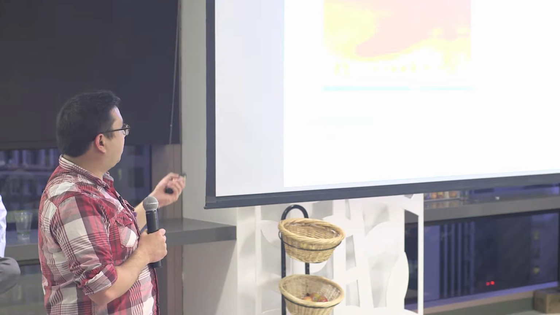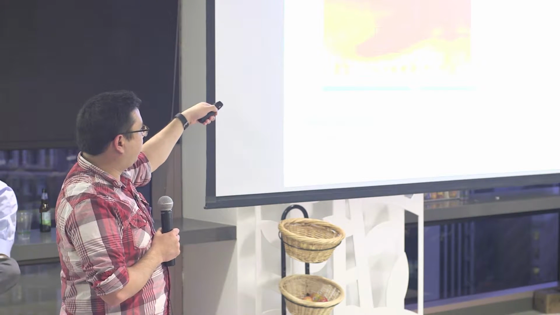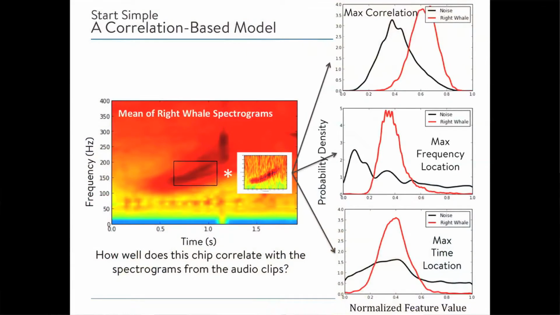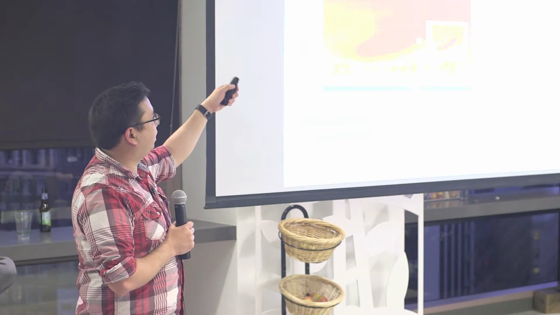So my first thought was, what if I take this chip that I've outlined in the center, and calculate the cross correlation with all of the other samples? Basically I'm looking for a match template between this average spectrum and the raw data. From each of those, I can figure out where the maximum occurs and what the maximum value is. And so I have a max correlation metric.